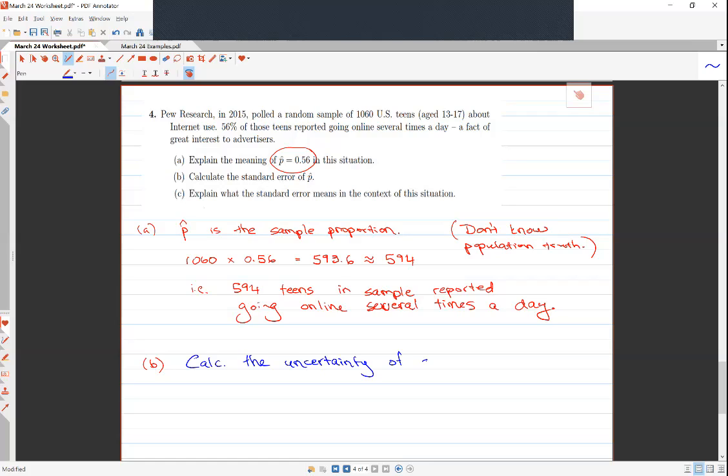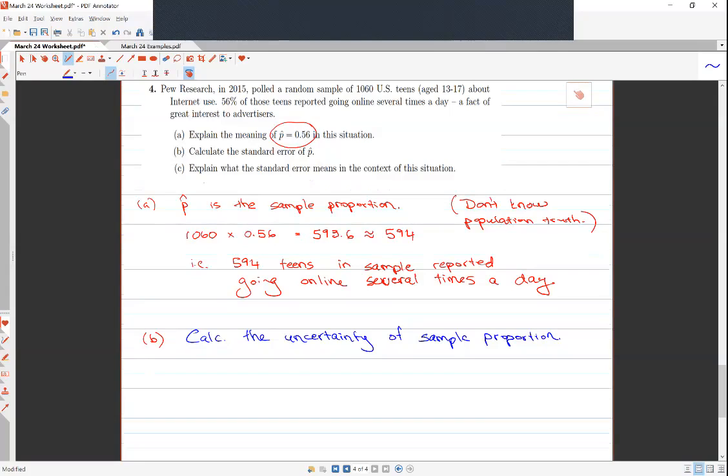This is kind of the equivalent of calculating the standard deviation, but standard deviation we calculate if we know the true value of p.